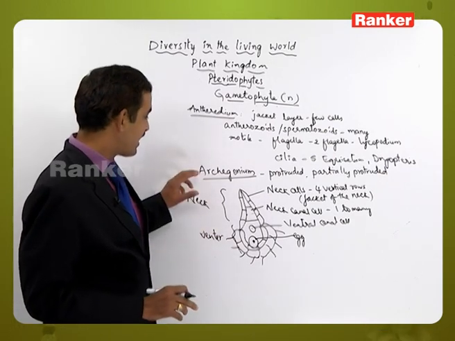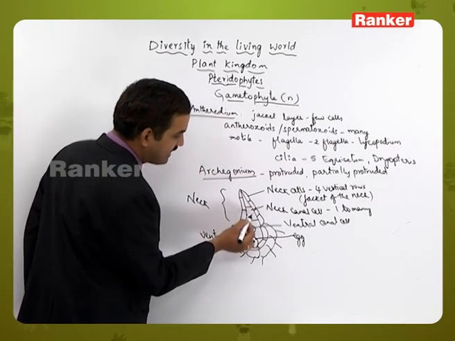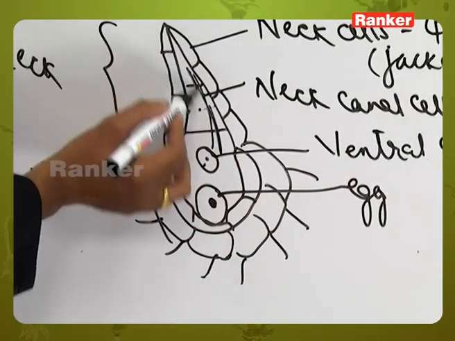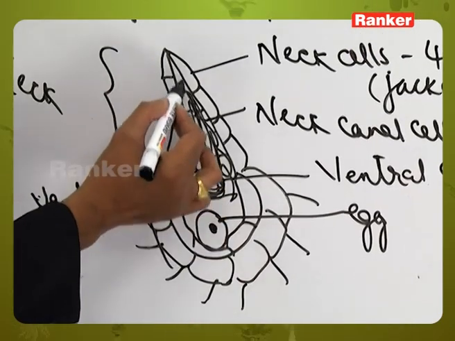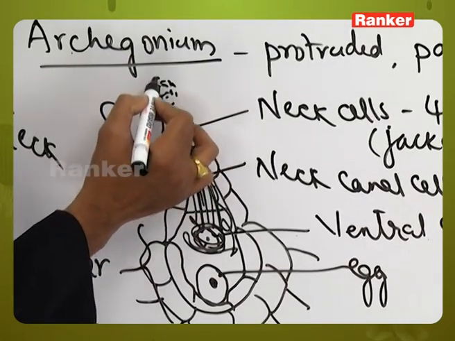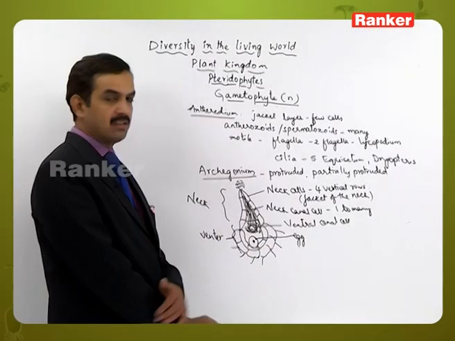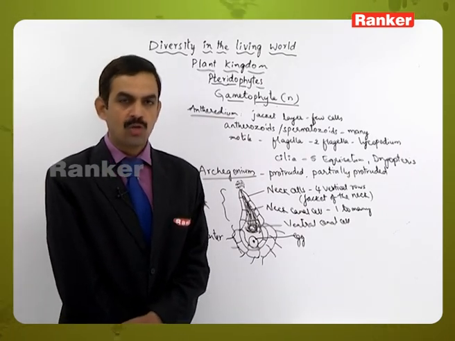When the archegonium becomes mature, what happens? The ventral canal cell and the neck canal cells disorganize or dissolve, and they form a mucilage-like substance. This mucilage-like substance will ooze out, which is useful for attracting the motile antherozoids.